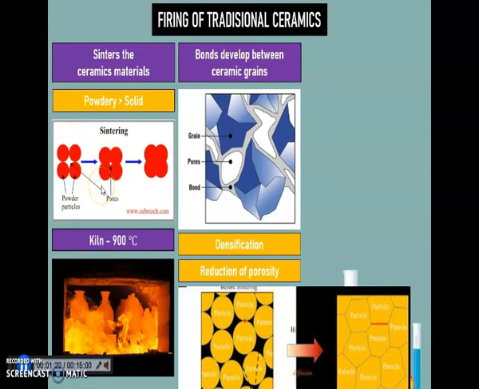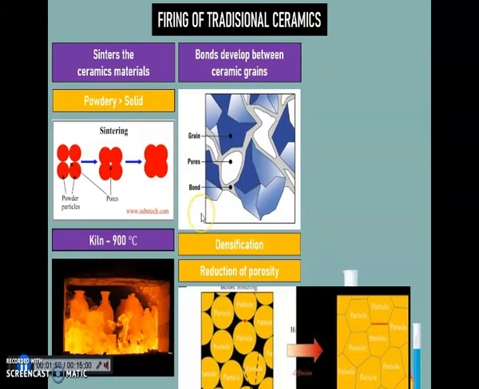So di antara powder particles tu, we have a space that we call it as pores. So setiap powder particles ada pores. Dan bila sintering proses, kita heatkan powder tu, kita firingkan powder tu, the pores will become small. And lastly, apa jadi kat powder tu, dia akan jadi satu solid.